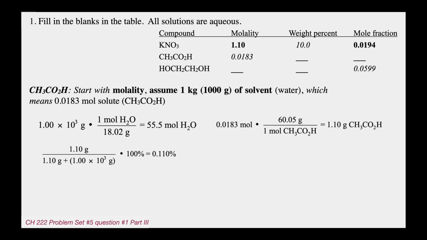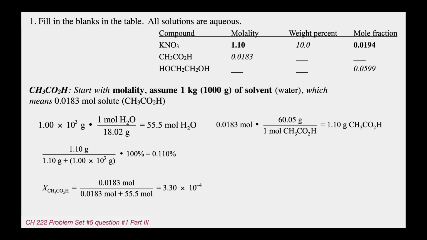So 1.10 plus 1,000 would be on the bottom, and the top would be 1.10. We'll multiply that all by 100%, 0.110%. Not a lot of acetic acid in this particular situation. That's the weight percent of acetic acid.